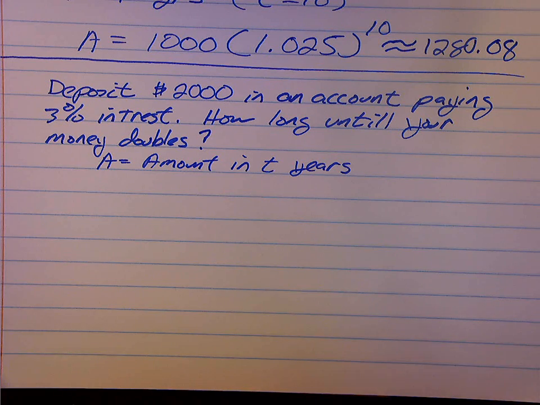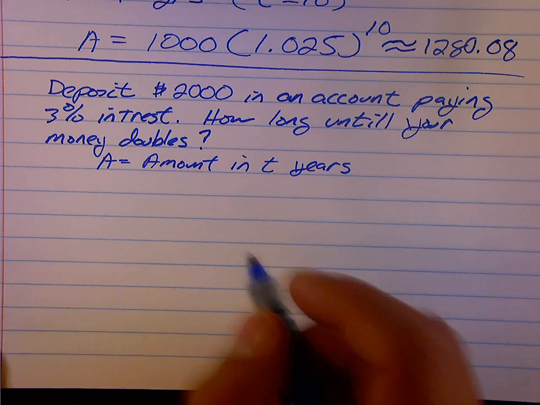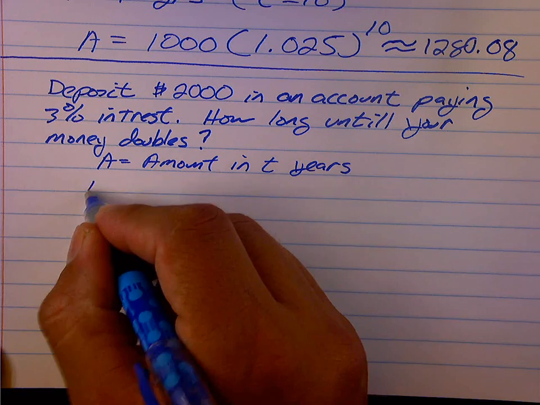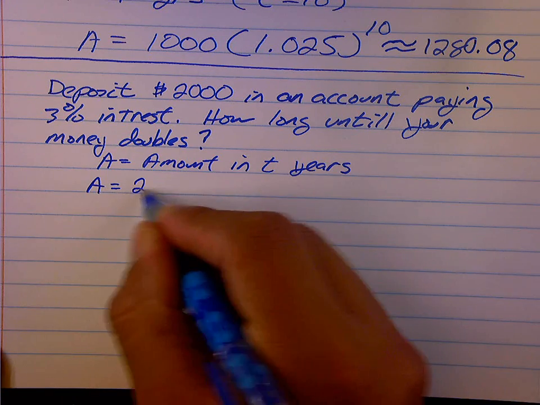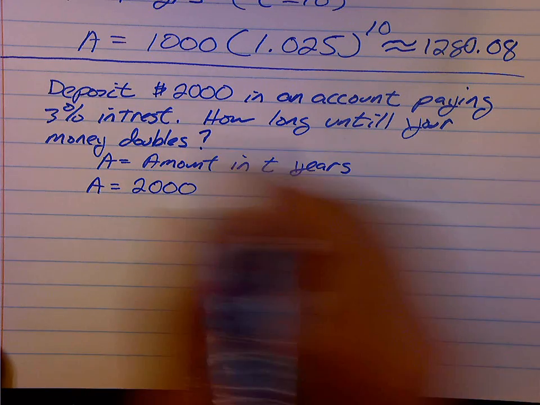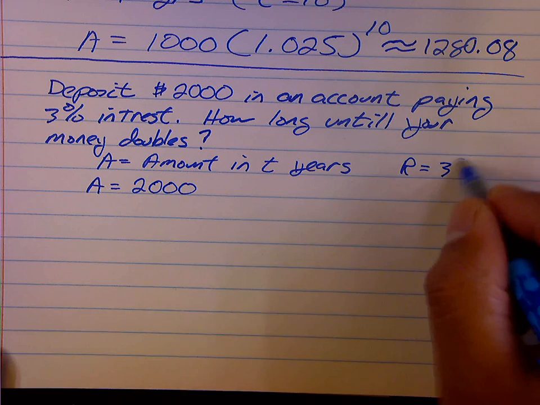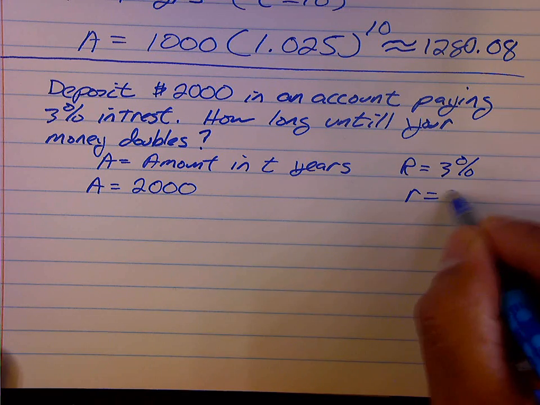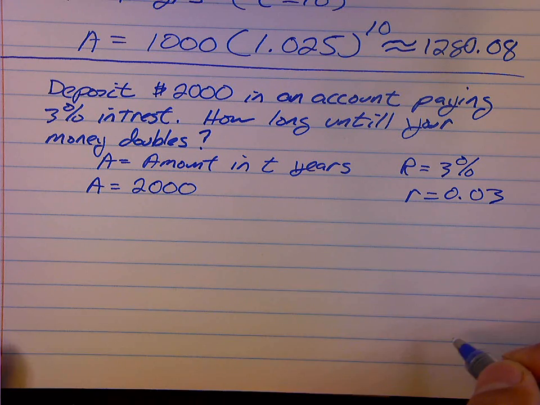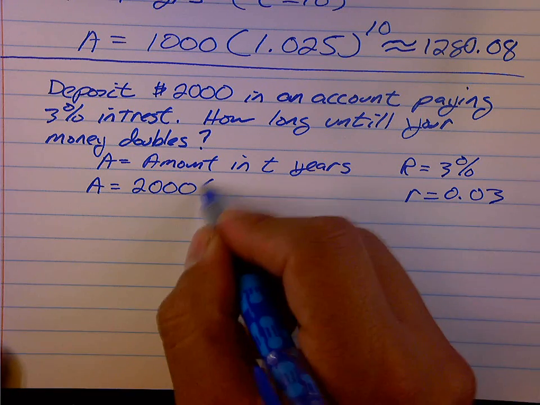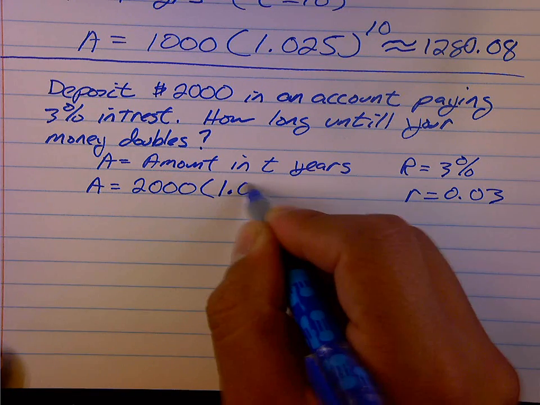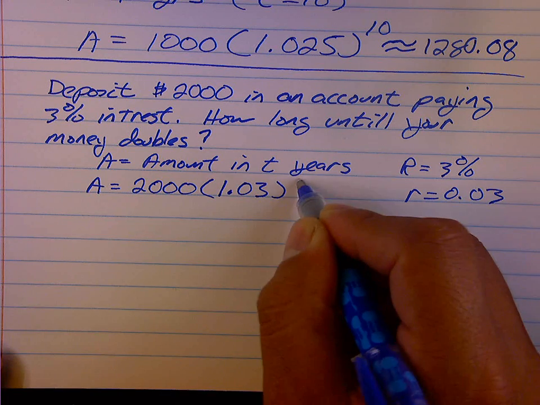With this formula, both this input and output, my formula is going to look like this. Let's see, 3% means my big R is 3%. Little r is 0.03, which means my factor is going to be 1.03.